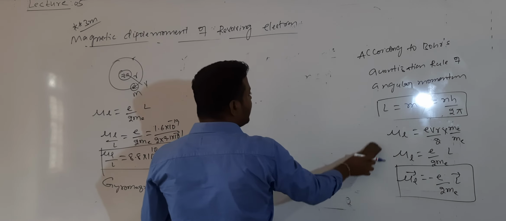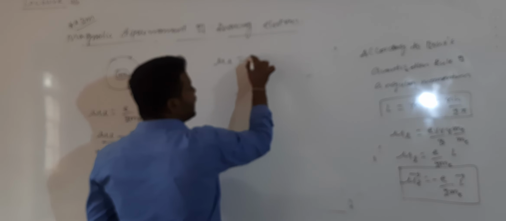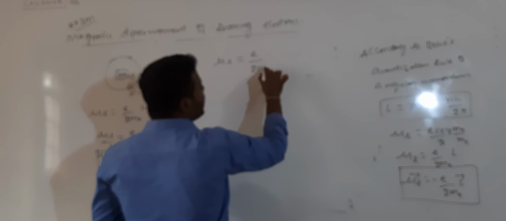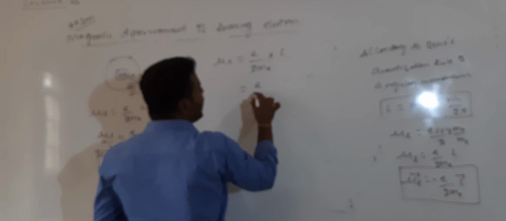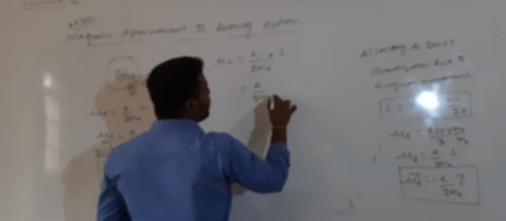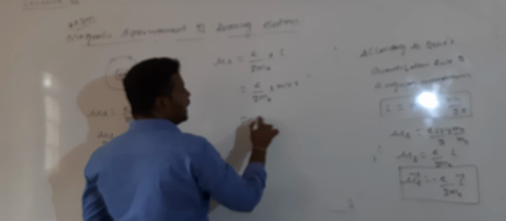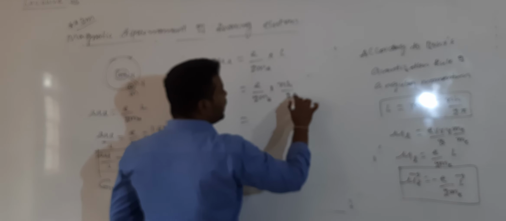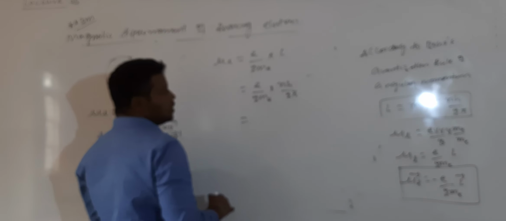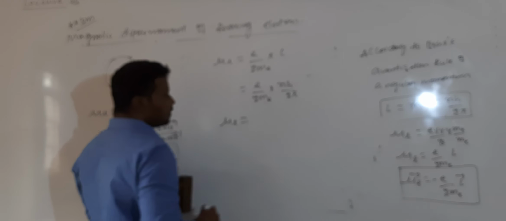After calculating that, we wrote mu L is equal to e by 2 Me into L. And L is equal to mvr is equal to nh by 2 pi. So then what will I get? n into h divided by 2 pi.